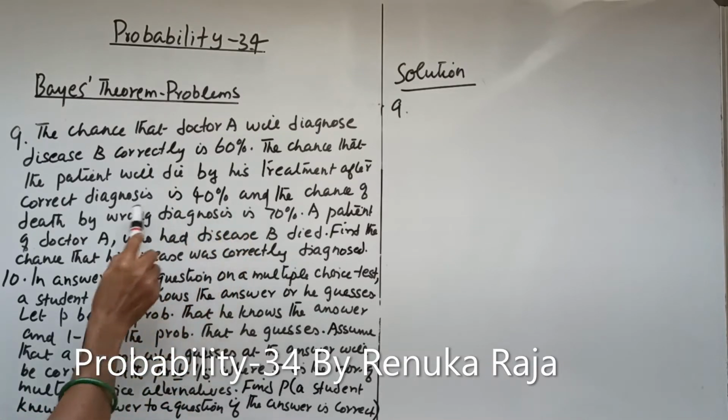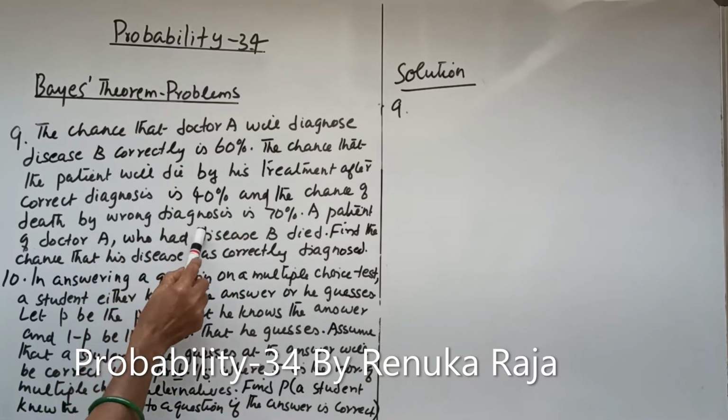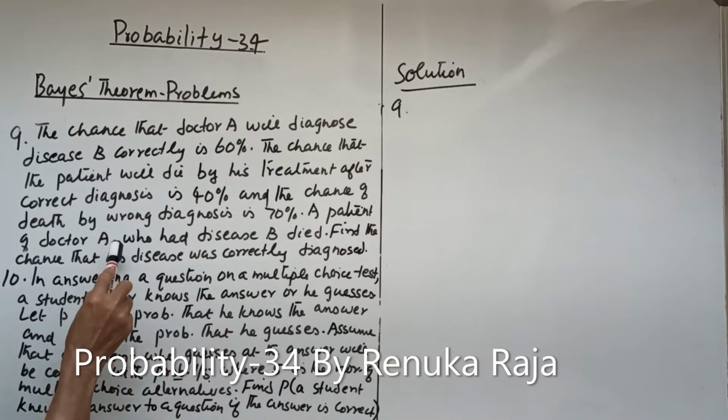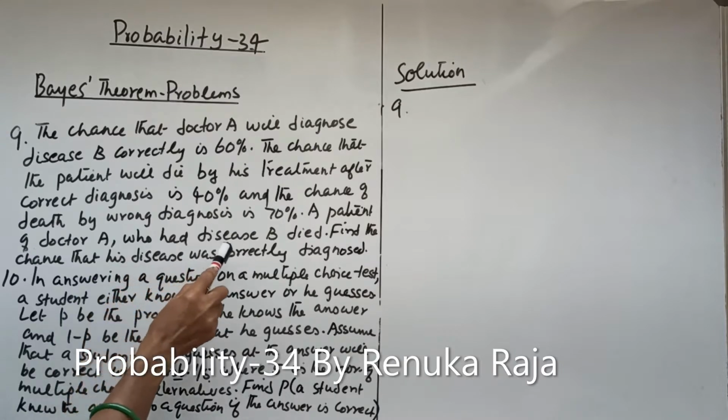And the chance of death by wrong diagnosis is 70%. A patient of Dr. A who had disease B died. Find the probability that his disease was correctly diagnosed.